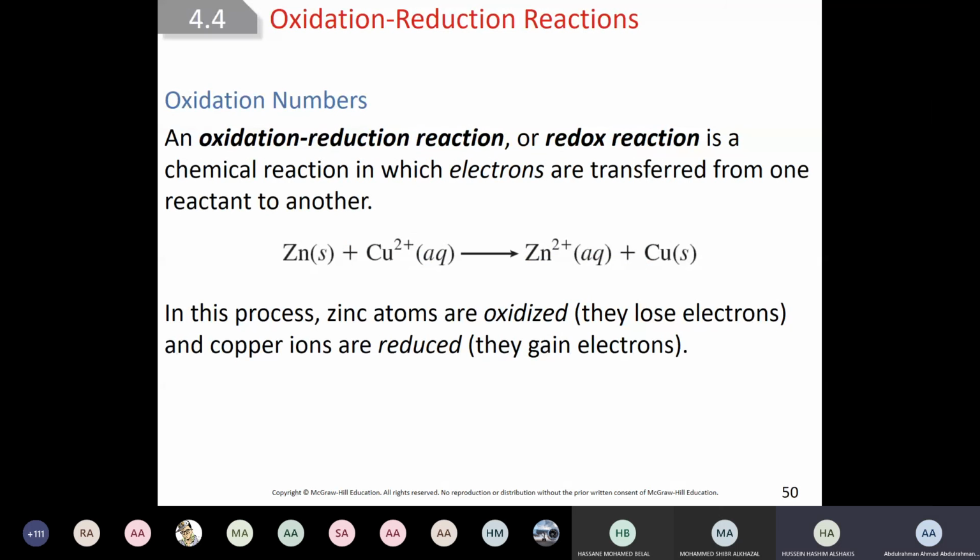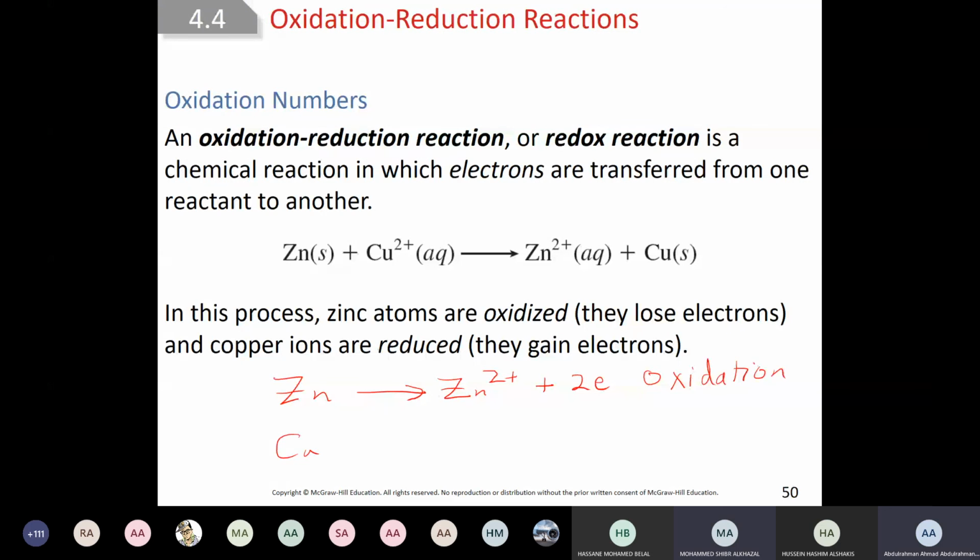So, Doctor, time is up. Yeah, 1 minute. No, I'll stop at 1 minute. No problem. Oxidation reduction. Look at this. Zinc goes to zinc 2 plus plus 2 electrons. What's this now called? This is called oxidation.